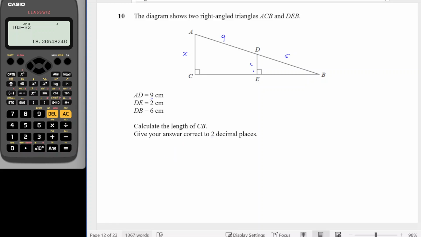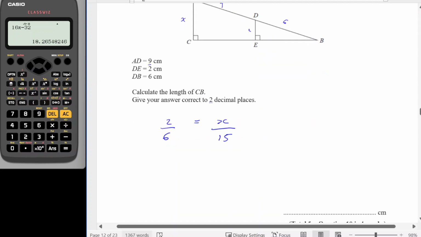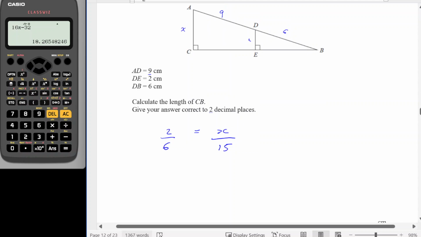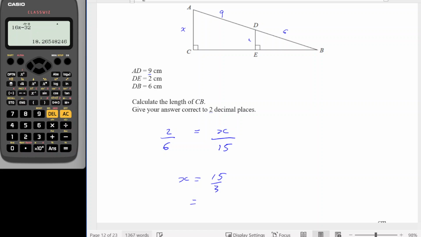So just to keep it nice and simple, I'm going to say that 2 over 6, so that's the ratio of that to that, is going to be equal to the ratio of that to that length. So it would be x over 15. And then if I do a little bit of cross multiplication or simplifying, we can actually see that to get from there to there, we're dividing by 3. So x is going to be equal to 15 divided by 3, so it would be 5.